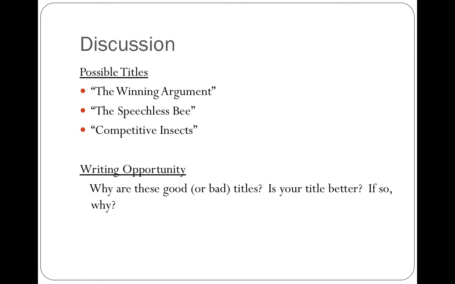Every single one of them reflects that main idea of the argument between the two and the bee losing that argument. And what I'd like you to do is think about this. We don't have to write it, but think about, why are these good or bad titles? And is your title better? And if so, why?